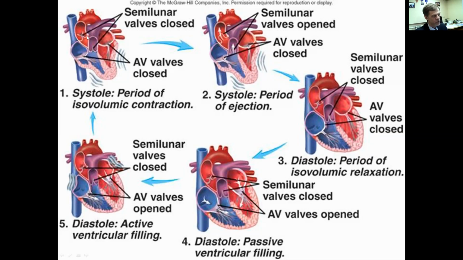So first we have contraction of atriums, and as a result, at the end of diastole, the remaining part of blood from atriums enters ventricles. This is so-called active filling. Active, why? Because we have contraction of atriums.